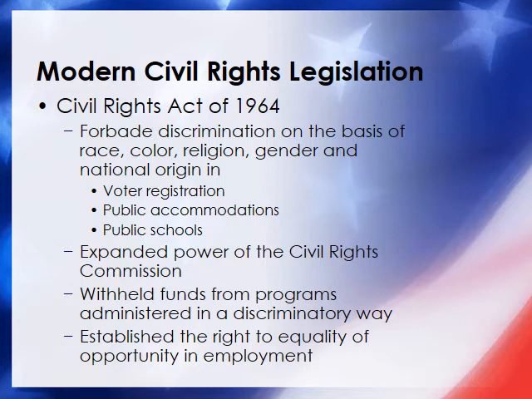So the Civil Rights Act of 1964 creates a system for voter registration that is organized by the federal government in the South to get people to register to vote and to overcome the terrorism that occurred that prevented people from participating in elections, created equality in accessing public accommodations, including public schools, expanded the power of the Federal Civil Rights Commission to enforce the law, withheld federal funds from programs administered in a discriminatory way, and established the right to equality of employment.